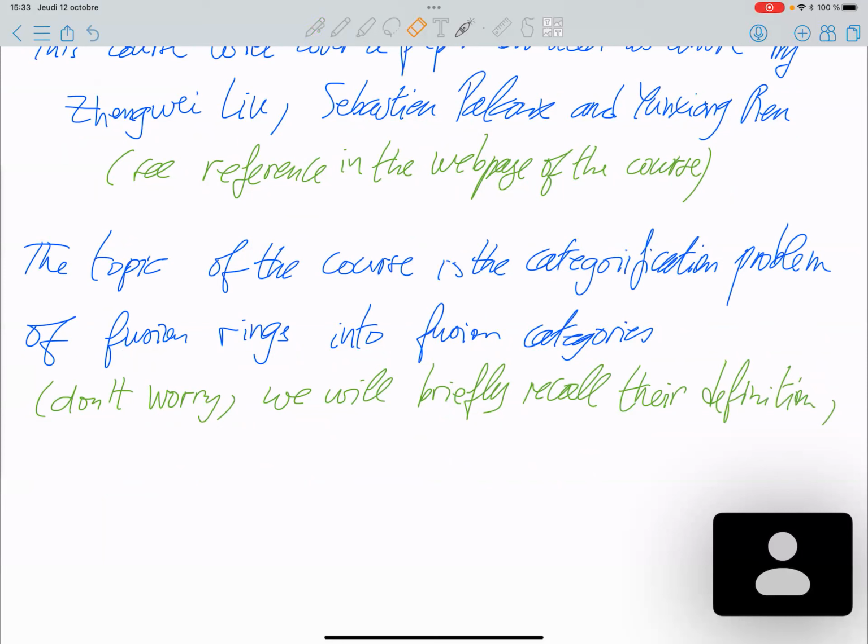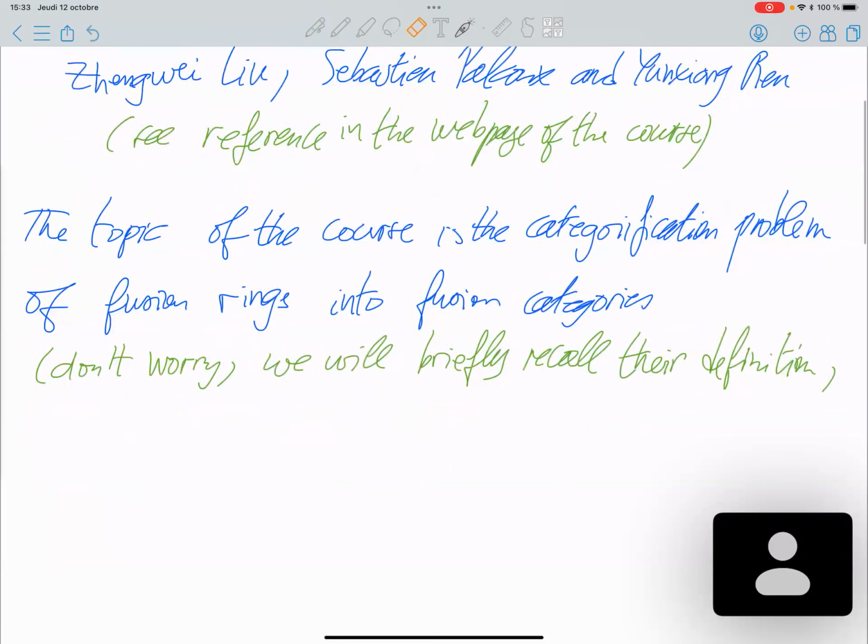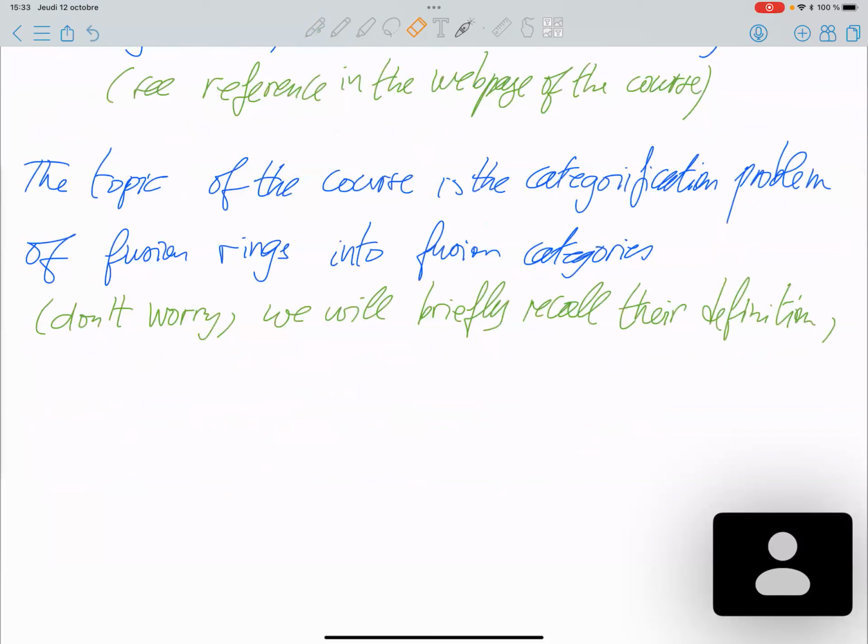In fact, the notion of fusion ring is quite easy, so we can define it in full details. It's very quick, but for fusion category, it will be not in details. So I send you back to the last semester's material.